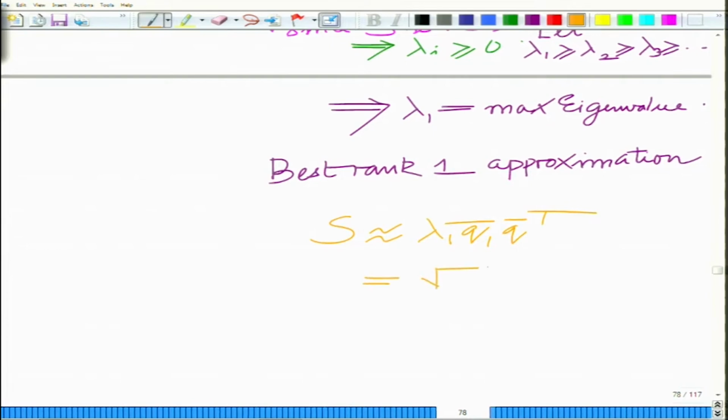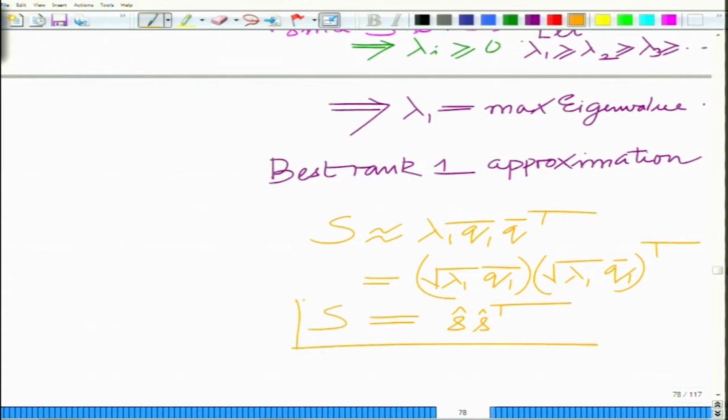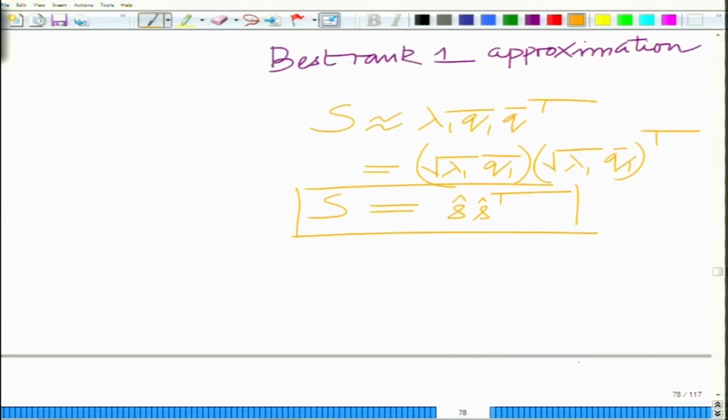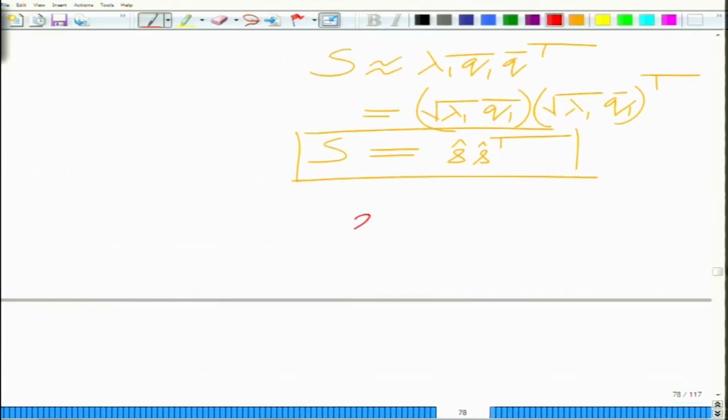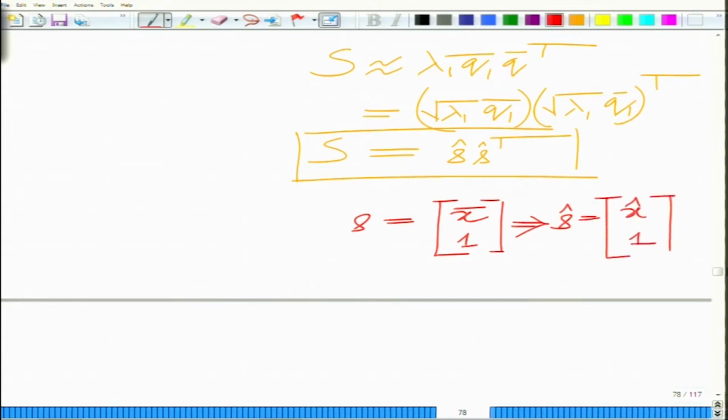I can always write this as square root lambda 1 q1 bar times square root lambda 1 q1 bar transpose, which is S hat S hat transpose. Remember your vector is x bar comma 1, so S hat equals x hat comma 1.